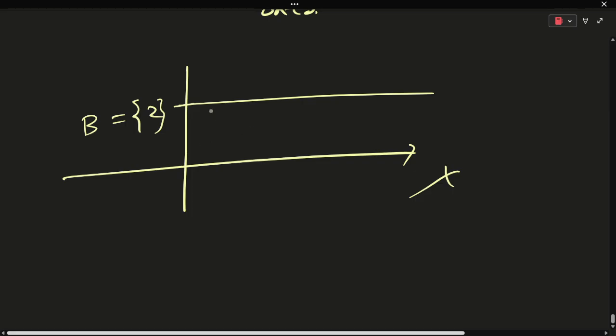There is only one horizontal line for a constant function. This curve is linear, I mean parallel to the x-axis. The horizontal line is parallel to the x-axis.